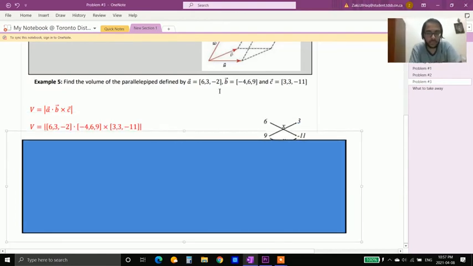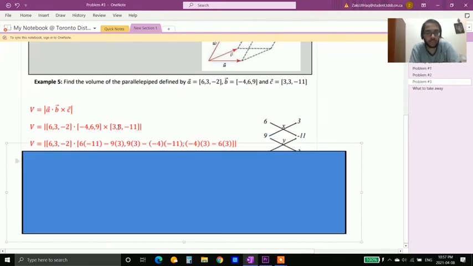So as we can see, this is our vector a, these are the coordinates of our vector b, and these are the coordinates of our vector c. Now, in order to do this, we have to do the cross vector multiplication first. So b cross c, we have to do that first. We cannot do a dot b first. Just trust me on this one. We have to do b times c. So that's what we're doing.